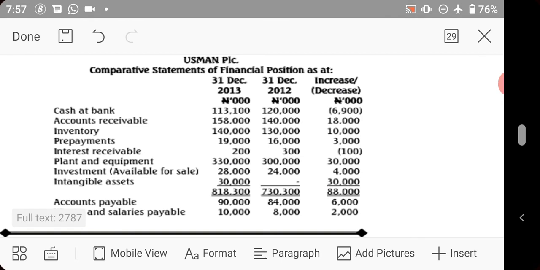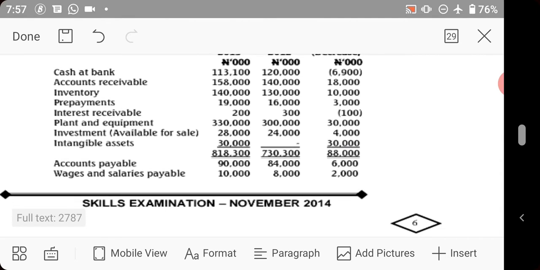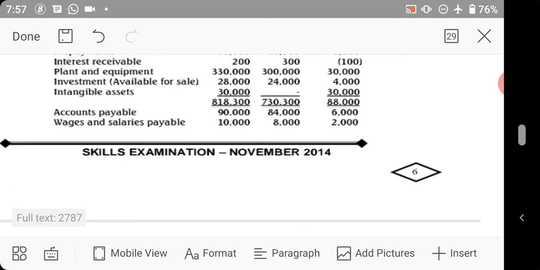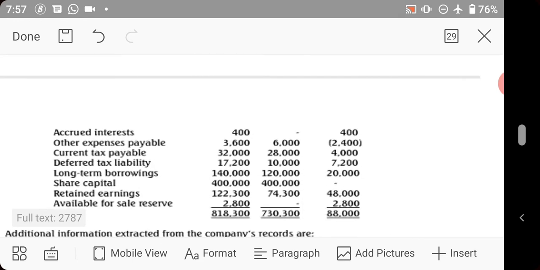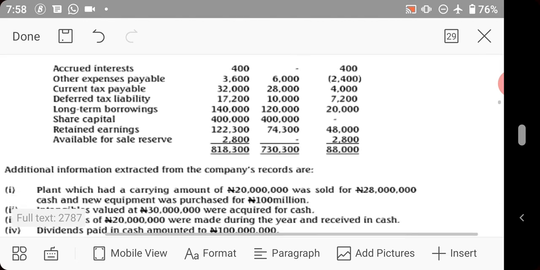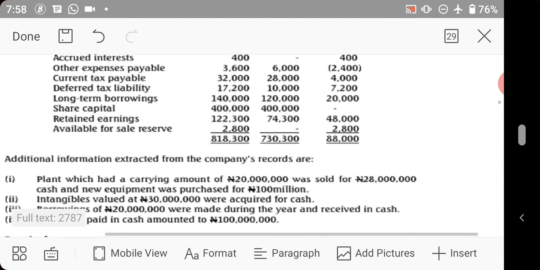So we now have our cash at bank, accounts receivable, inventory, prepayment, interest receivable, plant and equipment, investment, intangible assets, accounts payable, wages and salaries payable, accrued interest, other expenses payable, current tax payable, deferred tax liabilities, long-term borrowings, share capital, retained earnings, available for sale reserve.